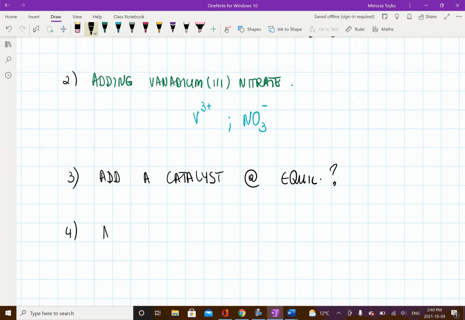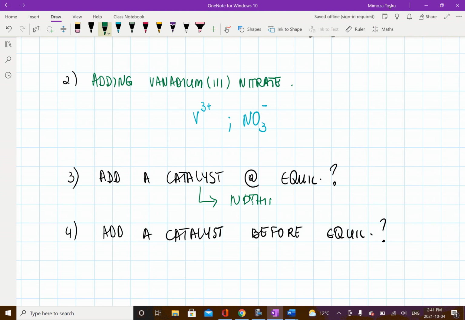However, if you add a catalyst before the equilibrium, the reaction will speed up and the equilibrium is reached faster.